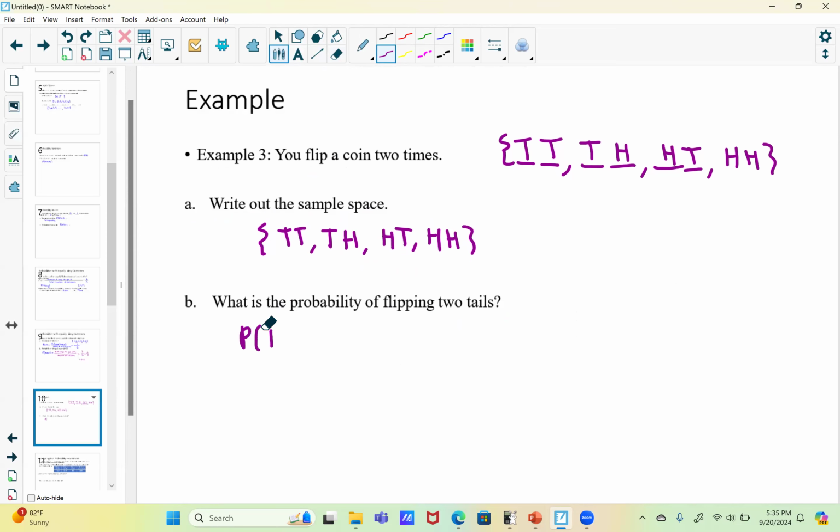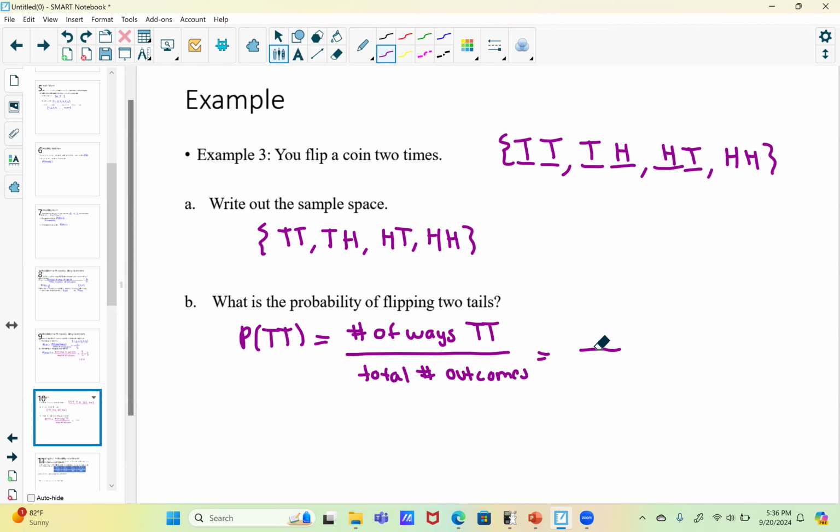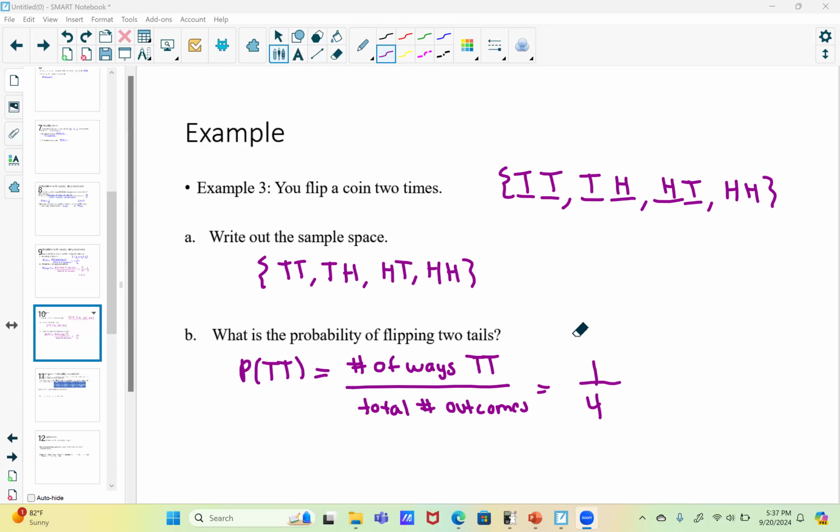The probability of tails tails is the number of ways that we get tails tails over the total number of outcomes in our sample space. So we get 1 out of 4. That's the basics of probability, and we'll pick up a few more examples in the next video.